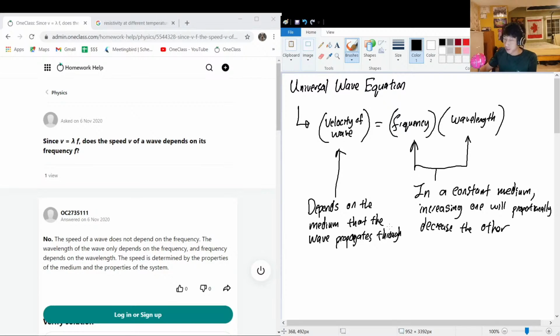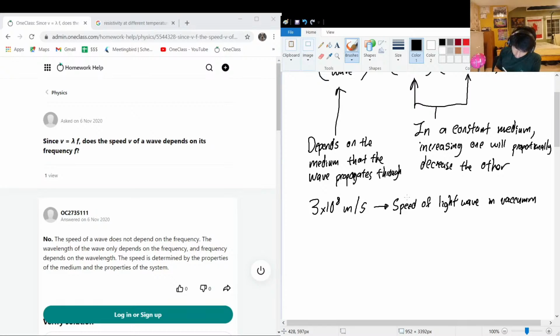Some examples: 3 times 10 to the 8 meters per second is the speed of light in vacuum.